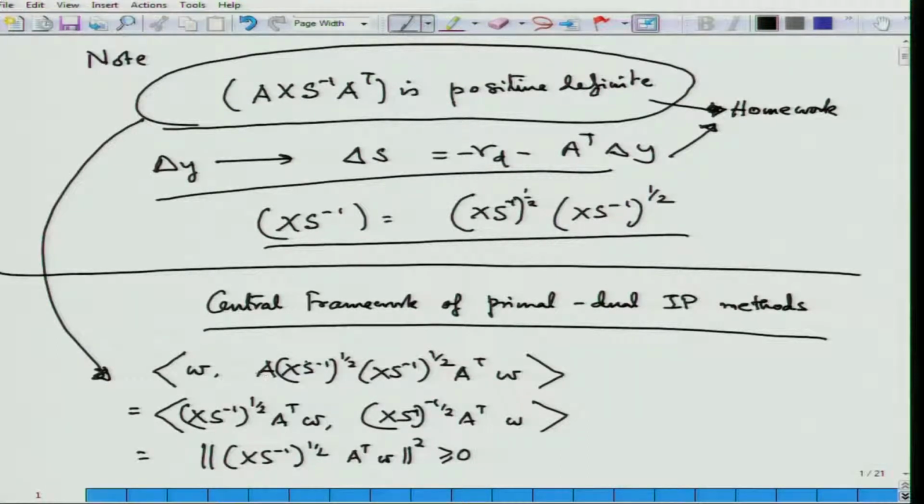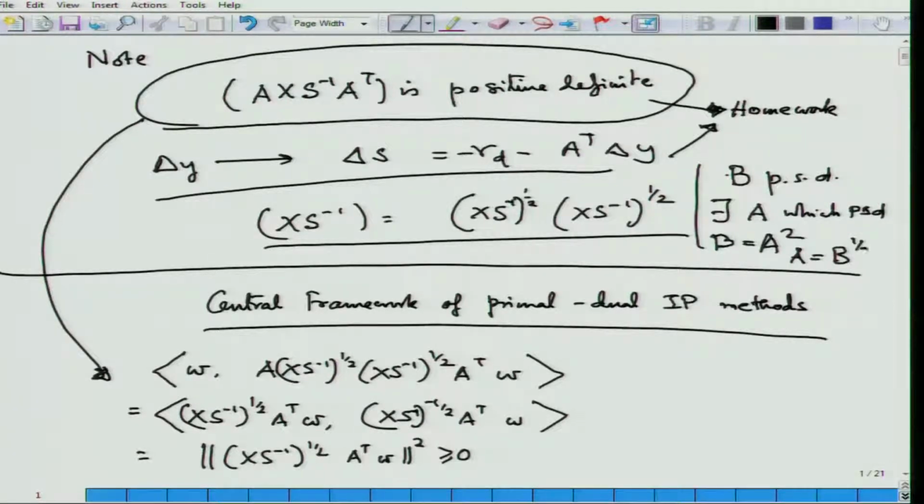Look, I can write XS inverse in this form, because given any positive definite or positive semi definite matrix B, there always exists a matrix A which is also positive semi definite, such that B is equal to the square of A, or A is written as the square root of B. There is nothing like B to the power half, it is just a symbolism.